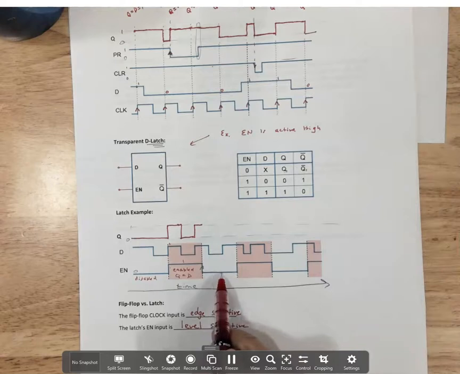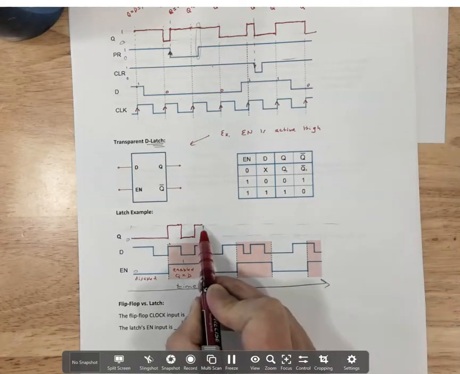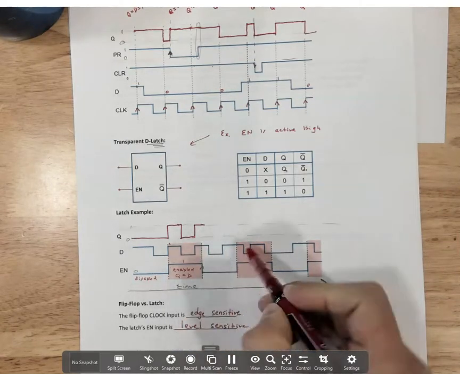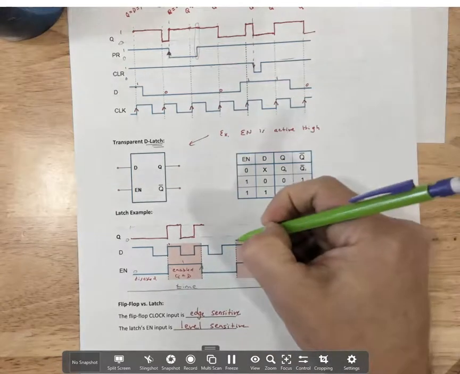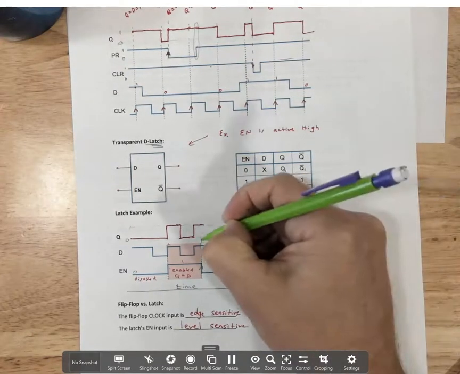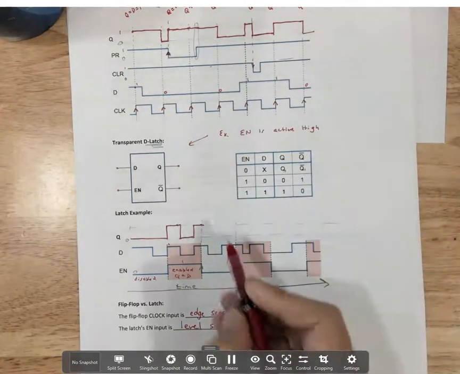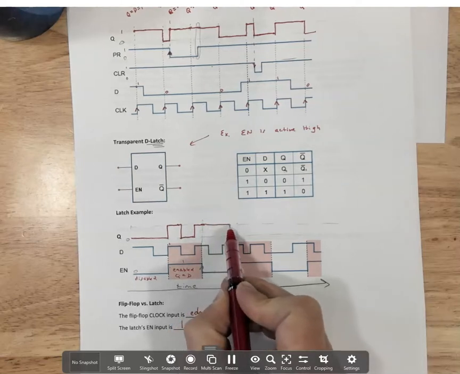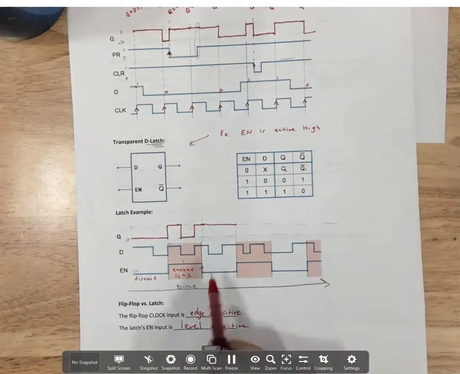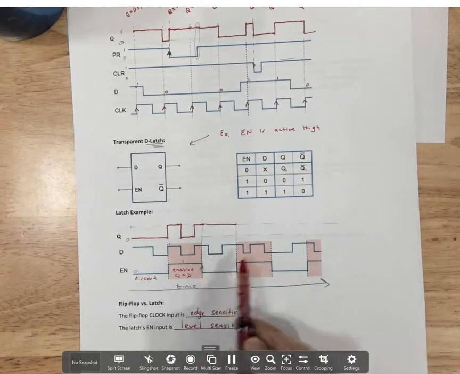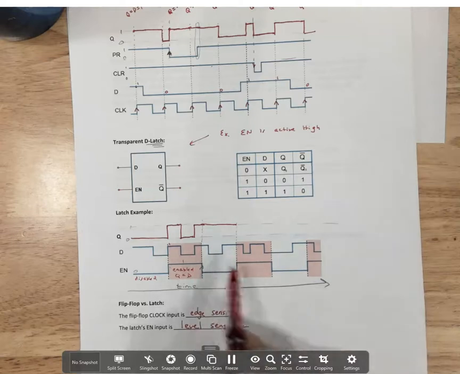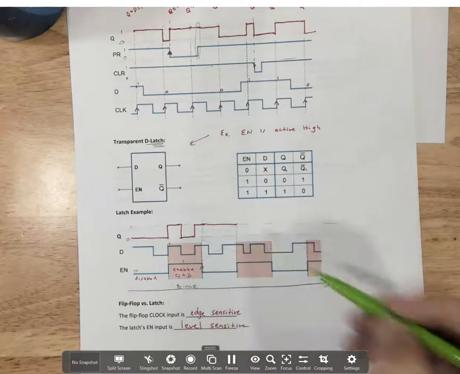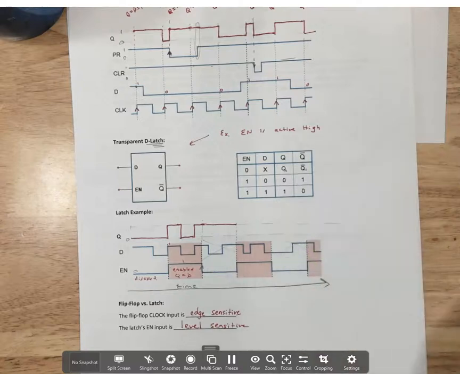Through this entire period, we don't care at all what's happening here. Right at this instant, Q is just going to lock in. Doesn't matter what squigglies, ups and downs happen there. It's all ignored. Make sense? I'll do that very lightly in pencil.